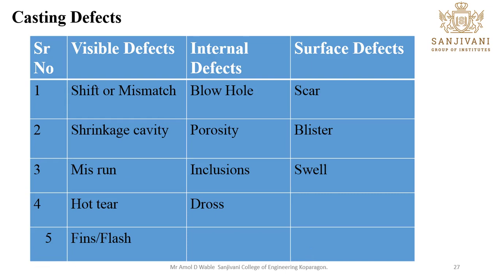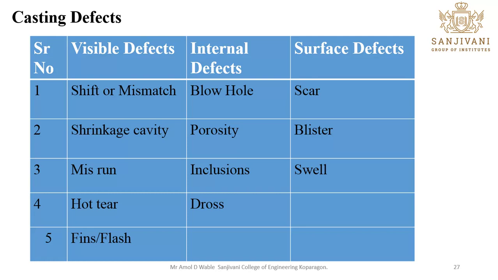Let us see the casting defects. Defects are differentiated as visible defects, which are visible to our naked eyes; then internal defects, which are exactly internal to your component and which can be observed only by breaking your component; and another is surface defects, which will be present just in some middle layer.